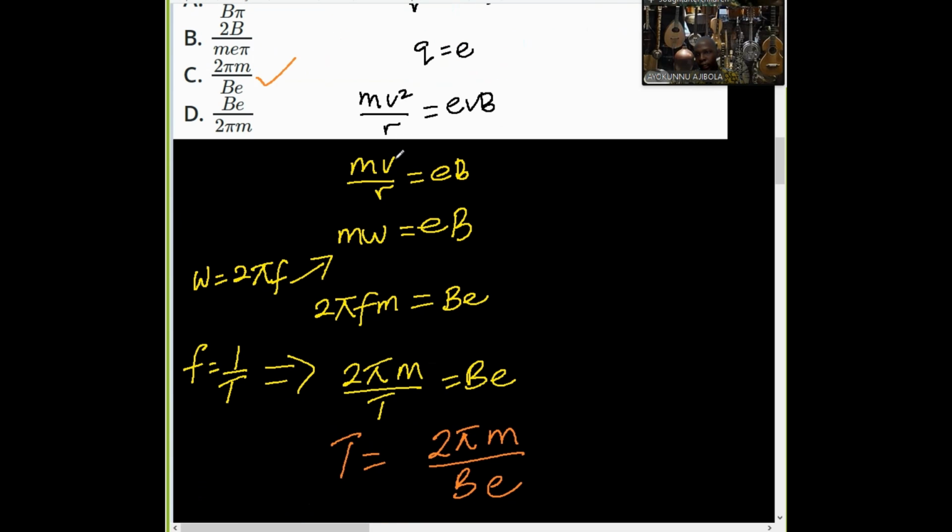Where omega is v over r, we have m times omega equals eB. Then omega itself is also 2 pi f, so we replace it, that will be 2 pi f m. Then f is 1 over the period, 1 over T, which gives 2 pi m over T. Then you make T the subject of the formula and you arrive at this.